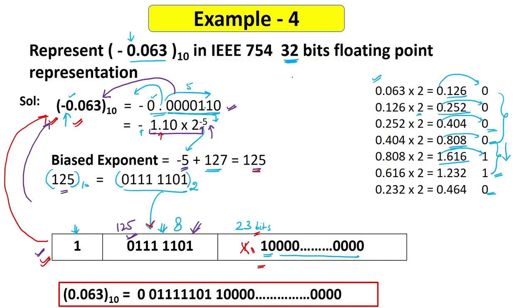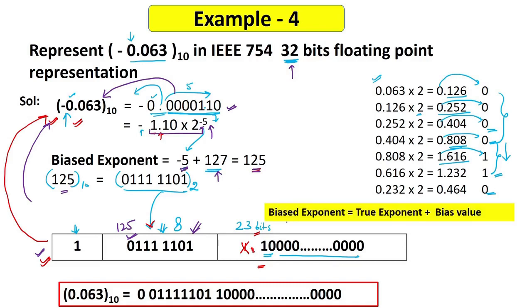And I know that in 32 bits my bias value is 127. So from 125, how can I get -5 if I know that 127 is the bias value? From this formula, biased exponent equals true exponent, that is -5, plus bias value. And now I want this -5, that means I want the true exponent.